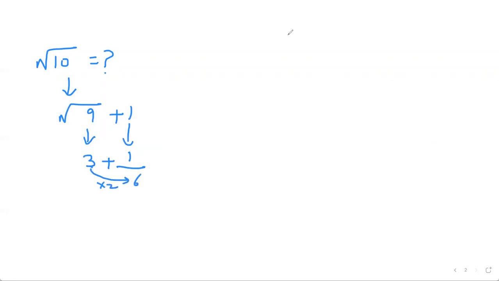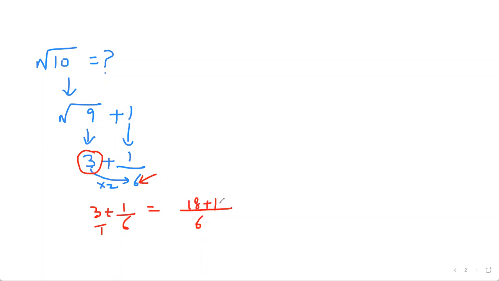Listen carefully. Once again, listen carefully to what I am saying. I am saying you need to double this 3 and write it in the denominator. So 3 plus 1 upon 6. Take LCM. 18 plus 1.